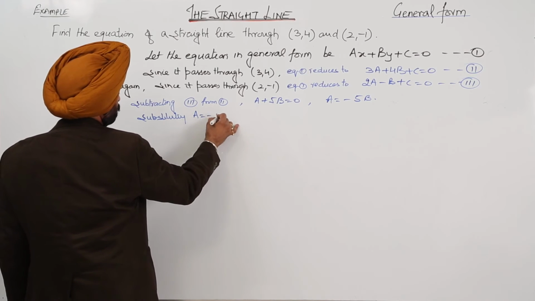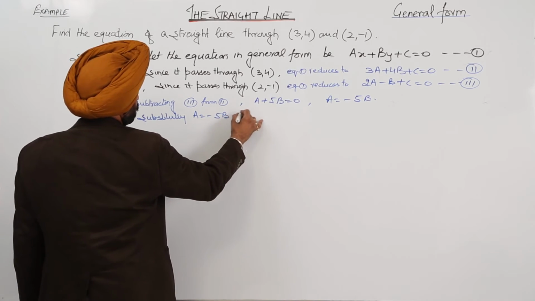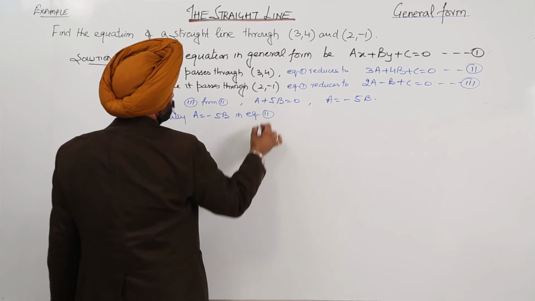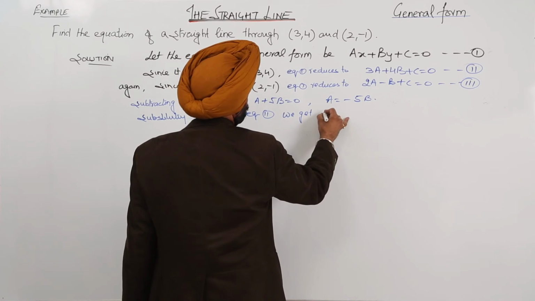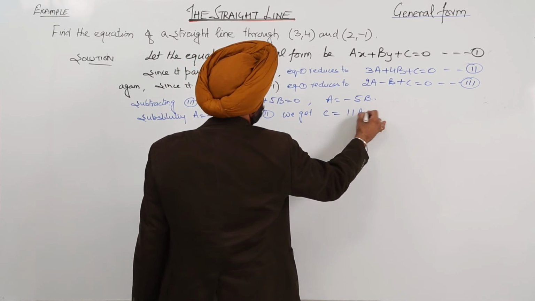Substituting a = -5b in equation 2, we get c = 11b.